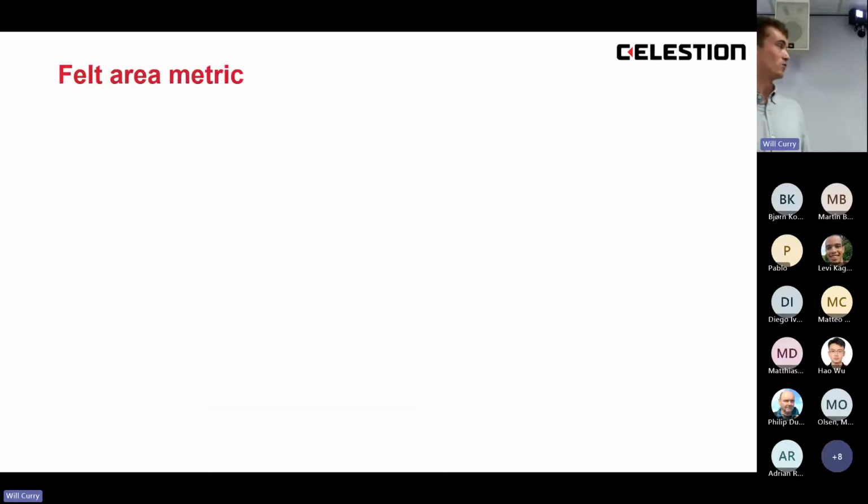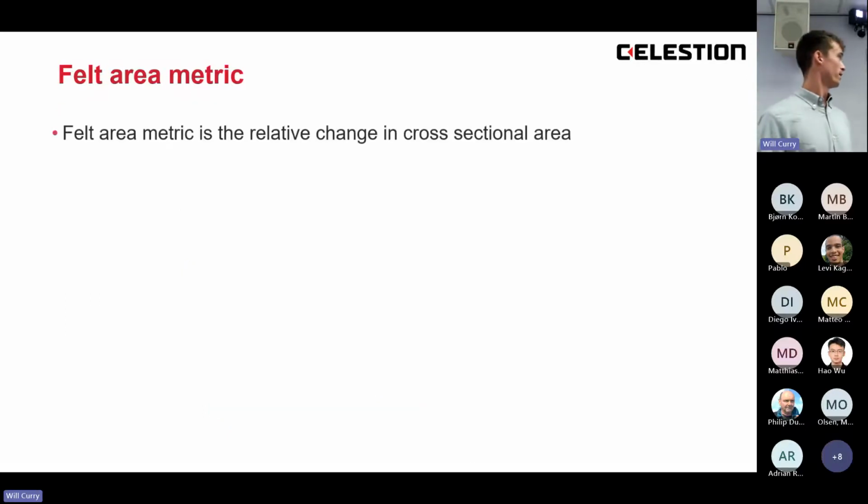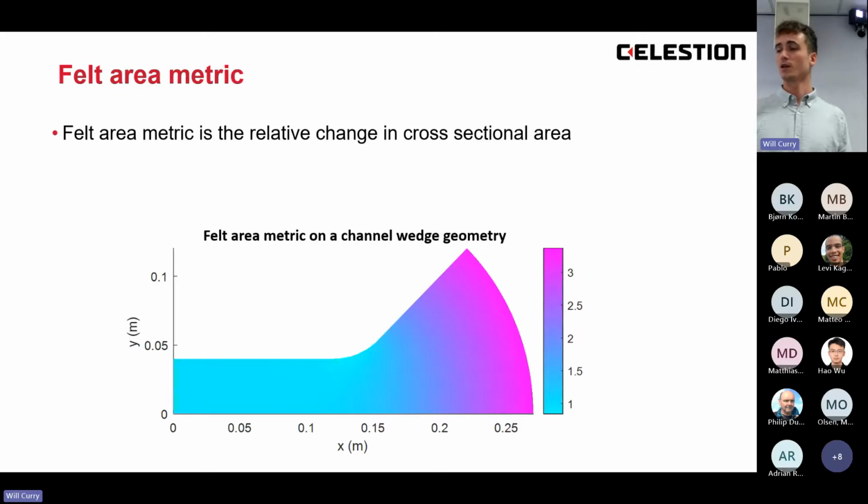The next metric is the felt area metric, and this is the relative change in cross-sectional area moving through a geometry. So this here shows the felt area metric on a channel joining a wedge, and the felt area metric is unity for the first part of the geometry because the cross-sectional area doesn't change, and then it goes up to around 3.5 at the end of the geometry, and this just indicates that the cross-sectional area is now 3.5 times as large as it was at the beginning.